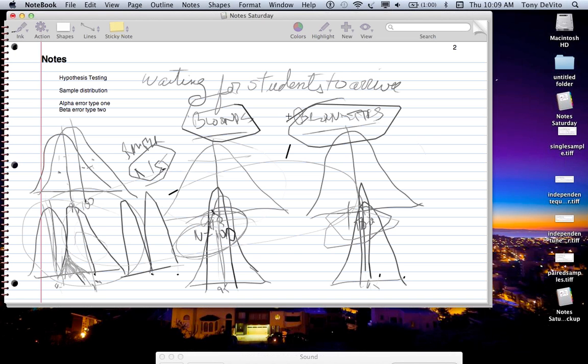Or it could be a comparison of two drug groups. In other words, one group gets a blood pressure medication and the other group doesn't. Is it really reducing their blood pressure when they take this medication? And if we take a large enough sample, we'll be able to distinguish even small differences between the two groups. Then we have to decide whether they're really significant to us or not. So that's really what we're after here.